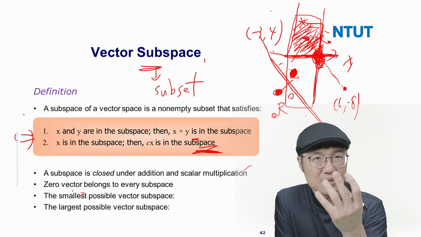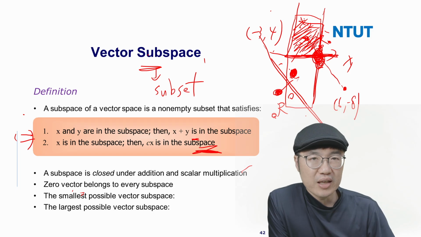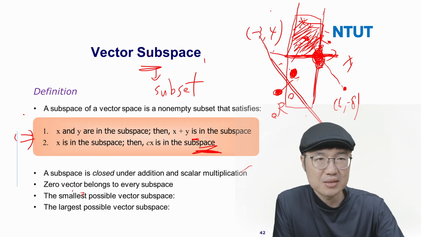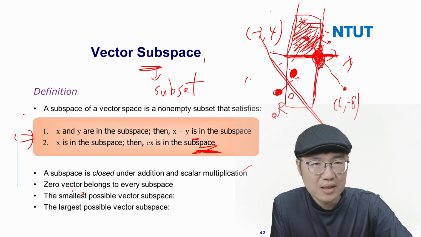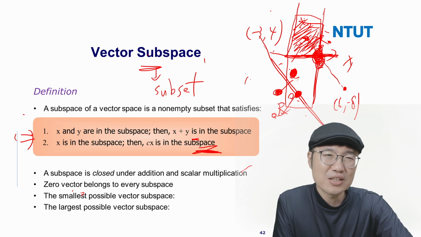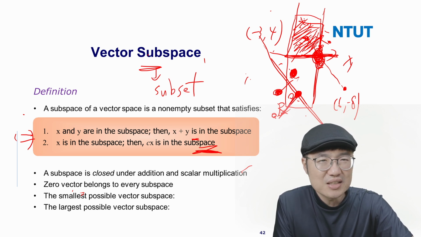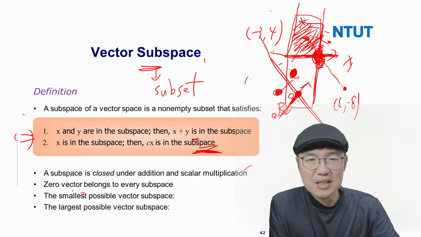Once a subset does not include the origin, it can never be a subspace, because if you multiply this by a certain number, this will violate the homogeneous property.